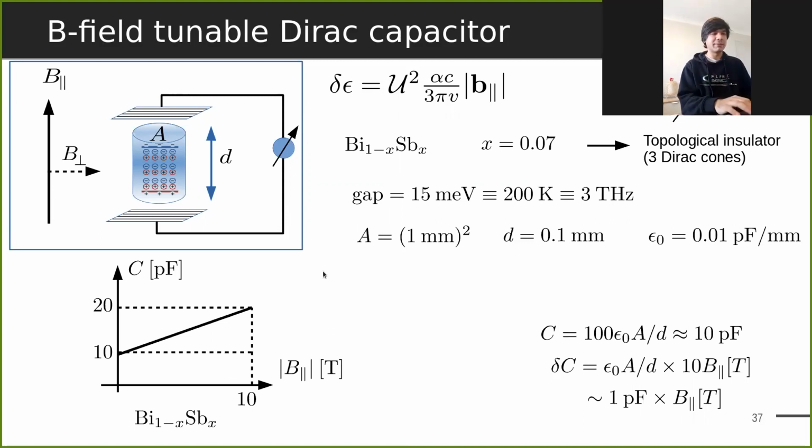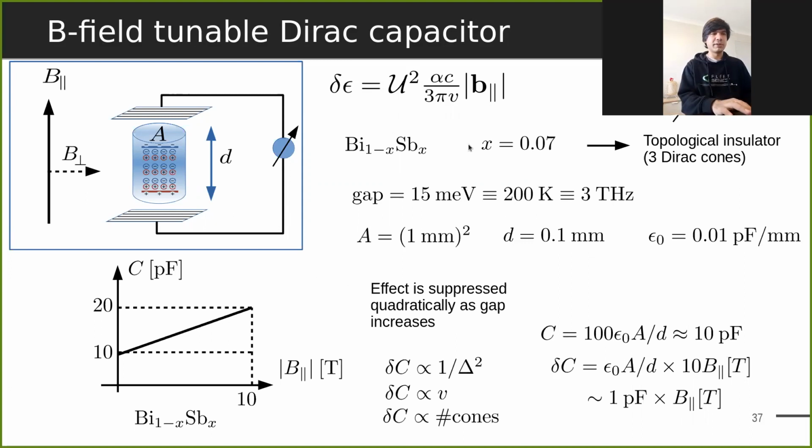I can get 100% enhancement of capacitance as a function of a parallel magnetic field. And due to the nature of this formula, you get this inverse dependence on the square of the number of cones and the velocity of the fermion.